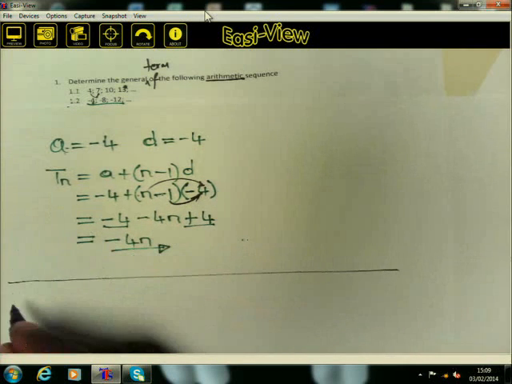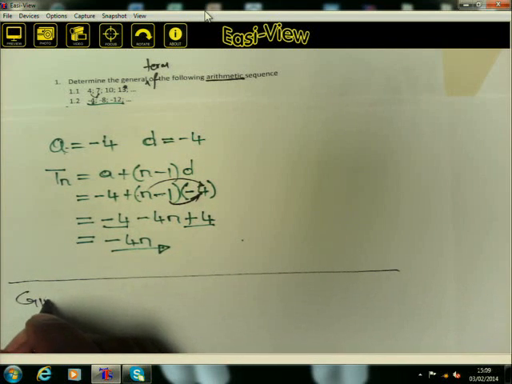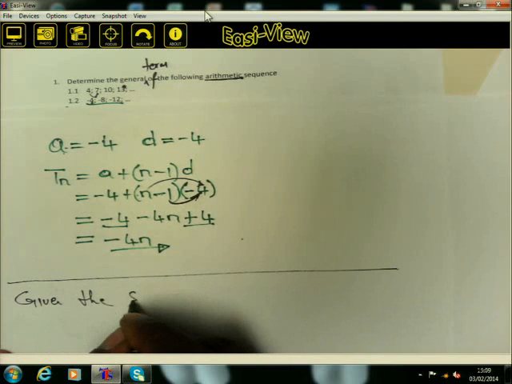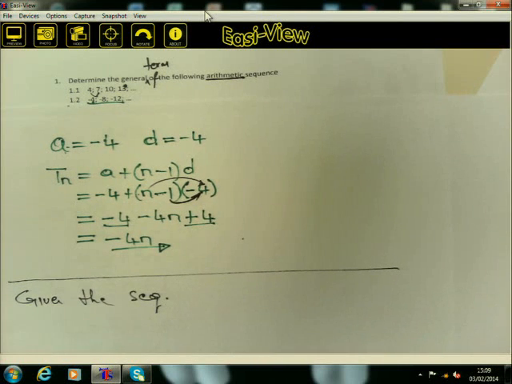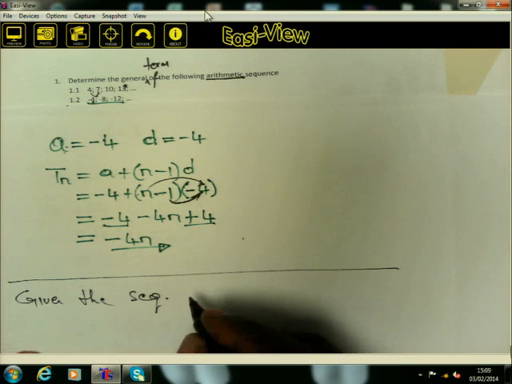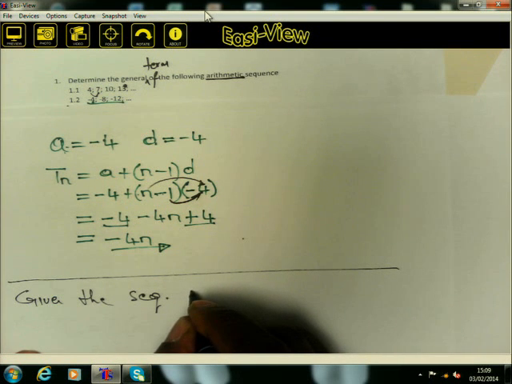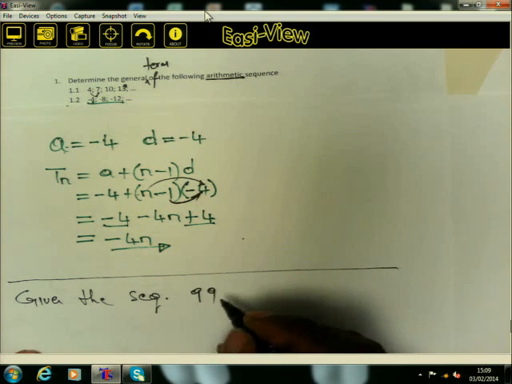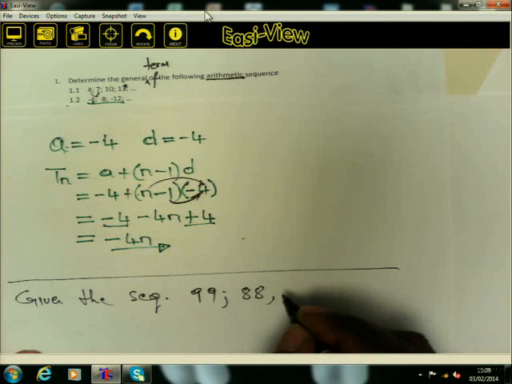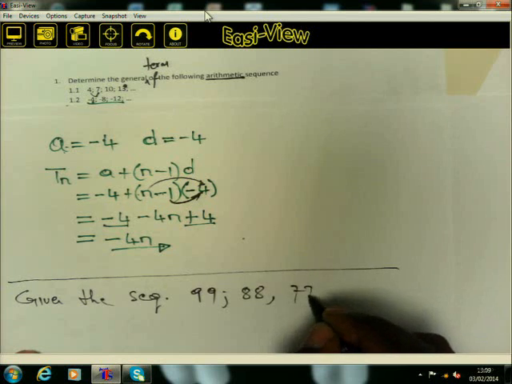We can say, given the sequence, say the sequence is 99 as the first term, second 88, the third term 77.